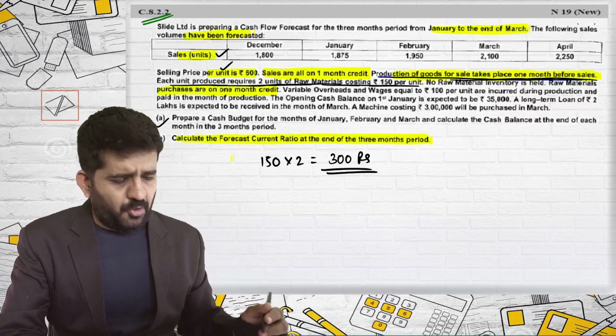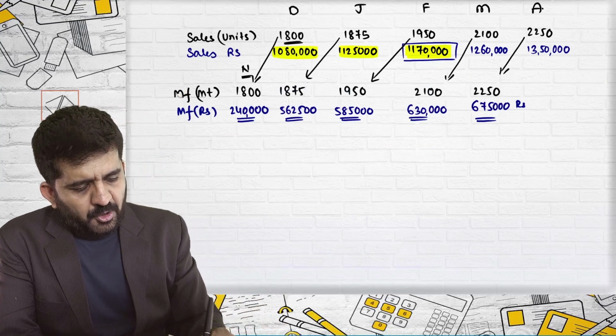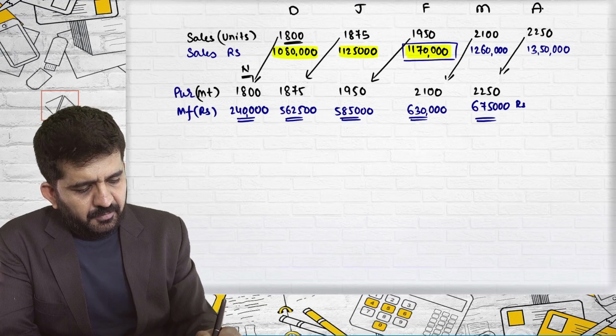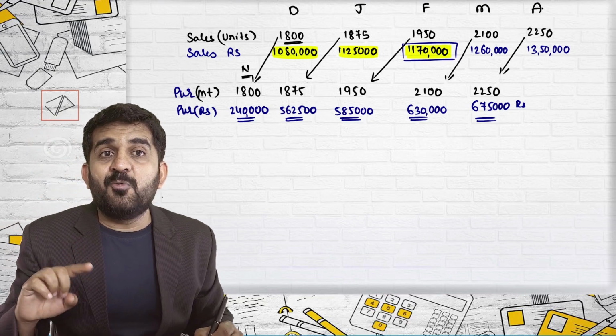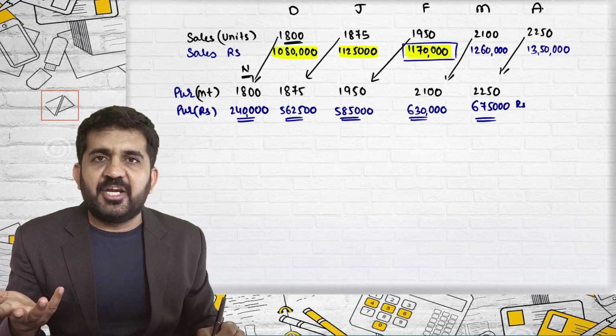So it is not actually raw manufacturing cost, they are just purchasing and selling. So I should not write down manufacturing, I should write down purchase. All right. Now purchase of December will be paid in Jan because it is credit purchase.